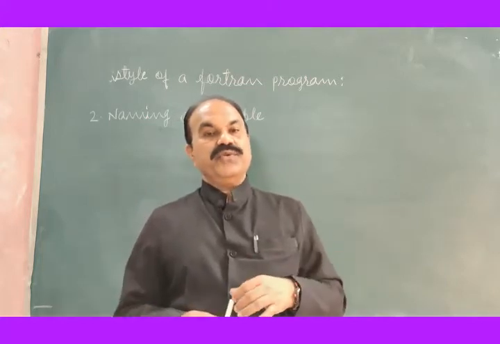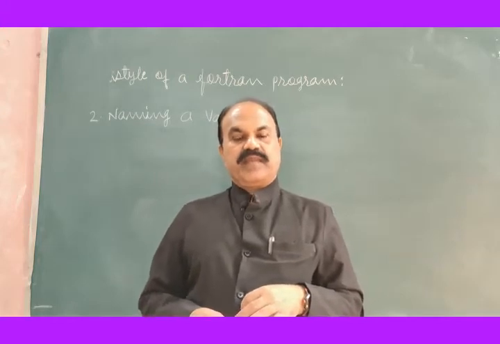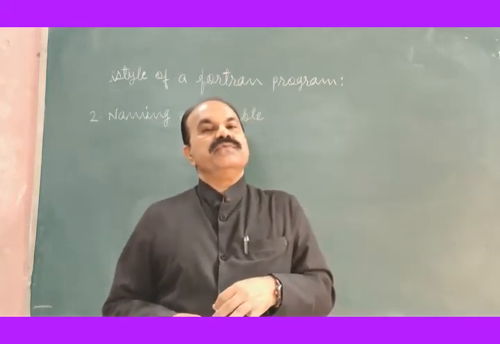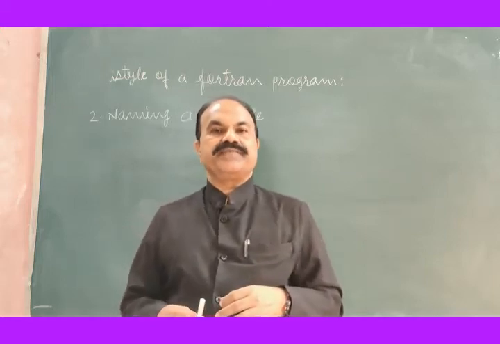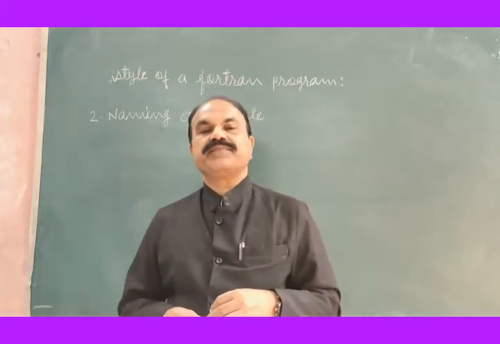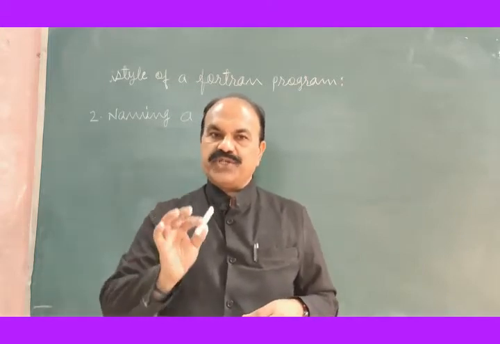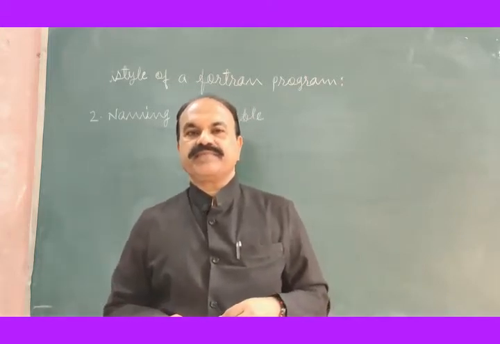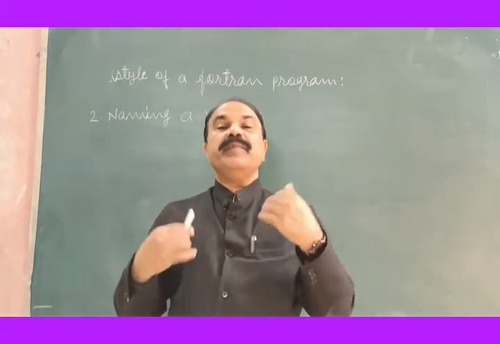This is about the rules for naming variables in Fortran program. What other things must we consider while naming the variables? Name of the variable should be short, one thing. Second thing, the variable names should be meaningful.